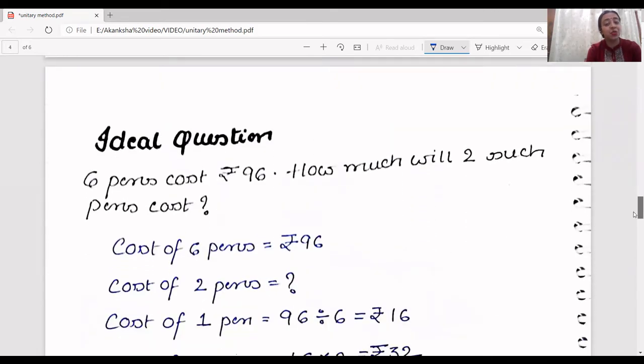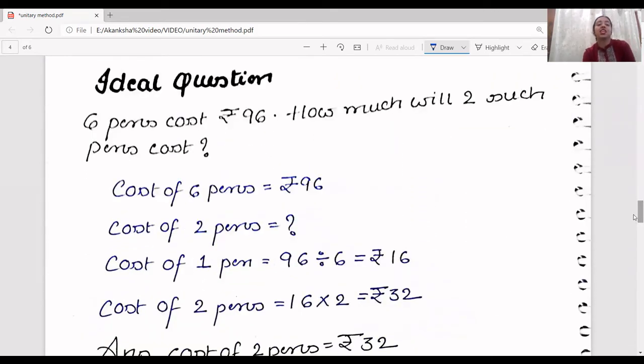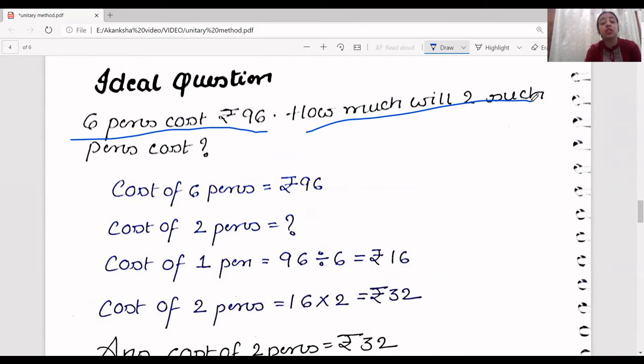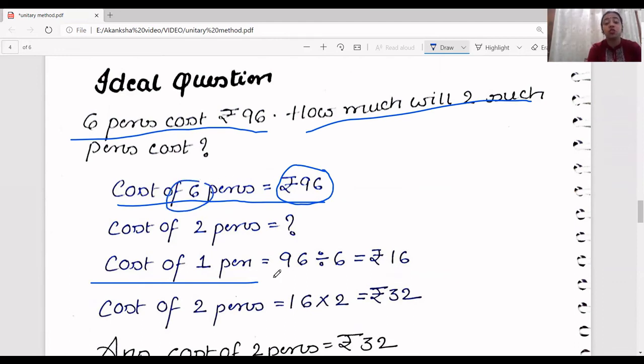Moving ahead to solving one more question, it says 6 pens are costing rupees 96. How much will 2 pens cost? Now, if 6 pens are costing 96, I will first calculate the cost of 1 pen. How will I calculate the cost of 1 pen? I will divide 96 by 6. So dividing 96 by 6 will give me 16.